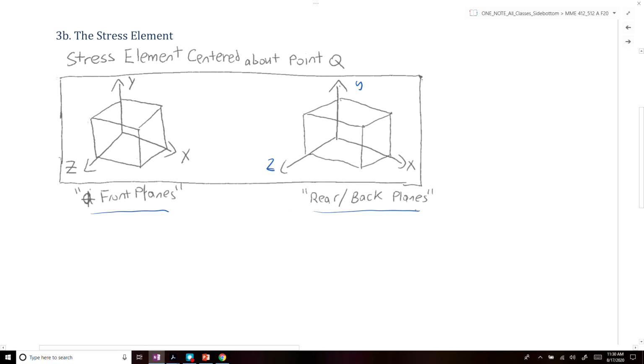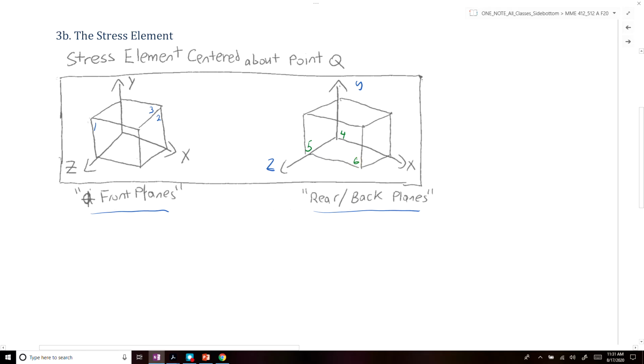So our front planes are going to be the front surface here, the right-hand side of our bar here, and the top surface of our cube, while the back planes are going to be the back side of our part, which I'll label 4 here, the left-hand side of our cube, which I'll label 5, and then the bottom of the box, which I'll label as 6.